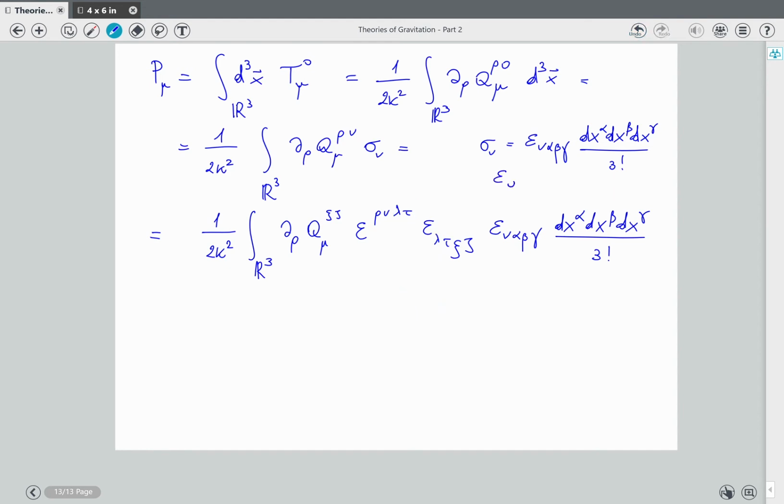So epsilon 1, 0, 1, 2, 3 is equal to -1, which means that here you have minus, and then you divide by -4, so you have 1 divided by 8.